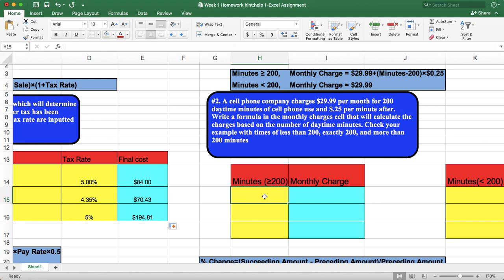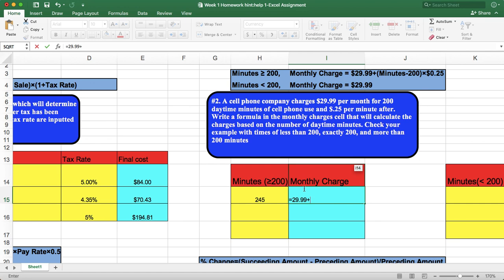For example, if I use 245 minutes this month, the monthly charge is equal, plus. Usually in the formula, please don't put the dollar sign in. You can have a dollar sign after the calculation if you want.